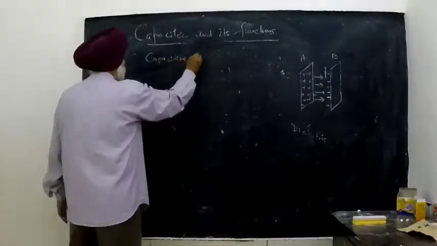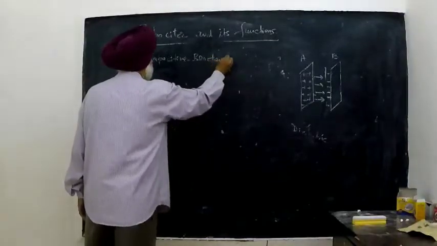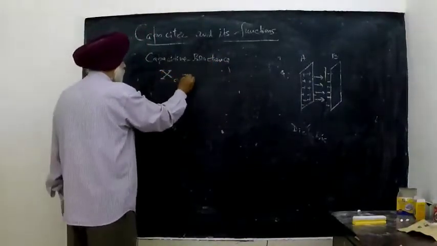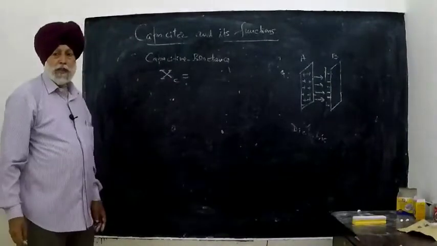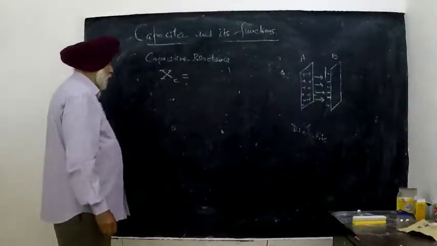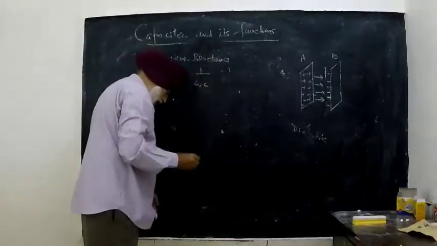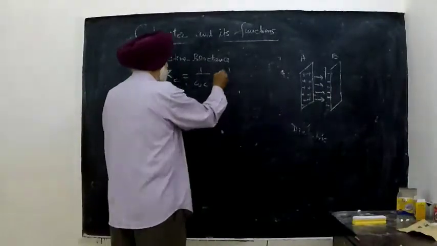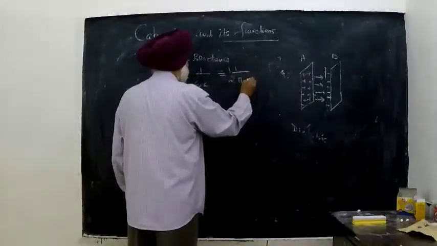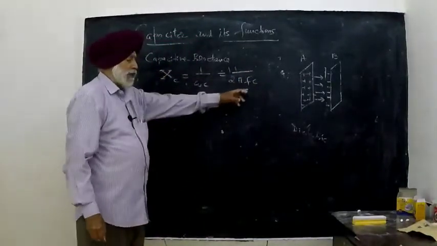Capacitive reactance, XC, is the resistance offered by the capacitor to the flow of alternating current. It is 1 upon omega C, which is equal to 1 upon 2 pi f C. f is the frequency, C is the capacitance.